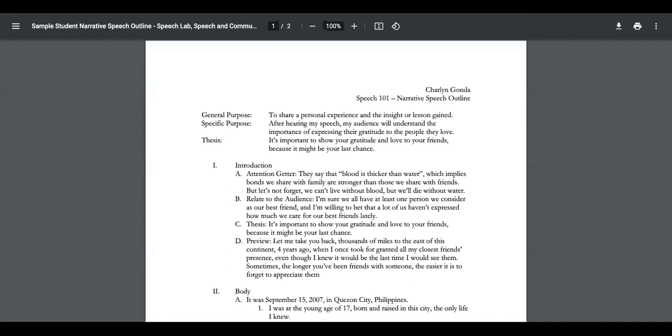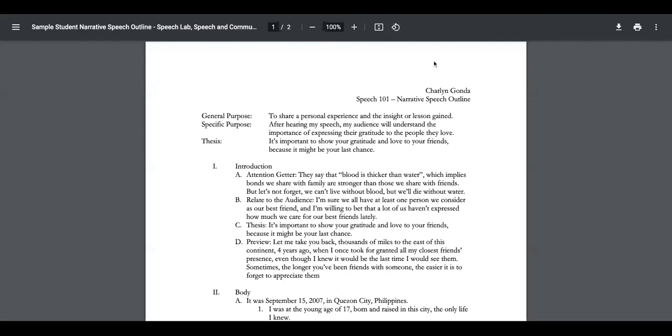So this speech that has already been given is an example of a personal experience speech. However, this outline that has been given is going to be used in every speech. So removing this general and specific purpose, that is not what is really required. It is more for your own clarity. You don't require it with your syllabus right now, but that's okay.